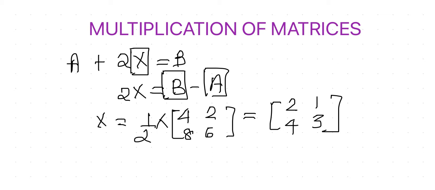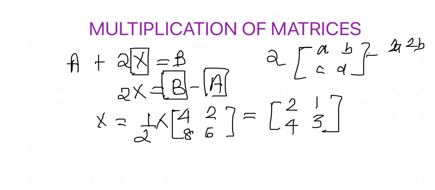Whenever you are multiplying by a real number, each and every element, suppose A, B, C, D, being multiplied by 2, becomes 2A, 2B, 2C and 2D. So each and every element of the matrix is going to be multiplied. This is the only concept required for exercise 9B.